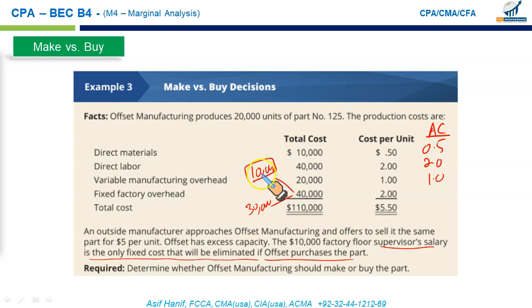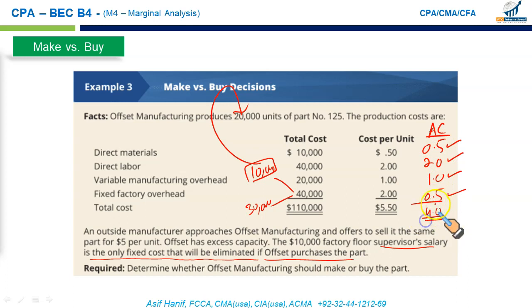So you need to divide $10,000 of the avoidable fixed cost by the number of units. So that will give you 0.5 on per unit basis. So this is the avoidable cost: material, labor, variable overhead, and avoidable fixed cost per unit. If you add all of these, just look at this, 0.5, 2, 1, and 0.5 gives 4.0.